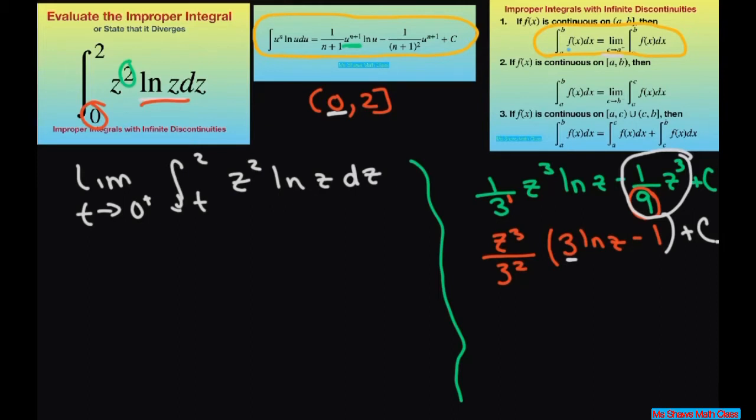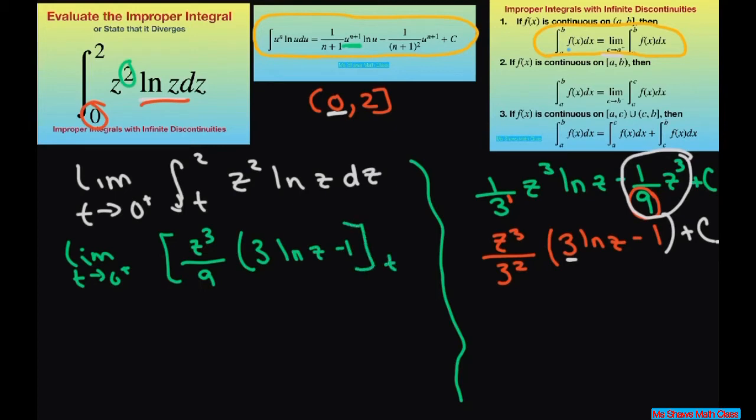So we're going to get the limit as t approaches 0 from the right of z cubed divided by 9, of 3 times ln of z minus 1, and we're evaluating from t to 2. All right.